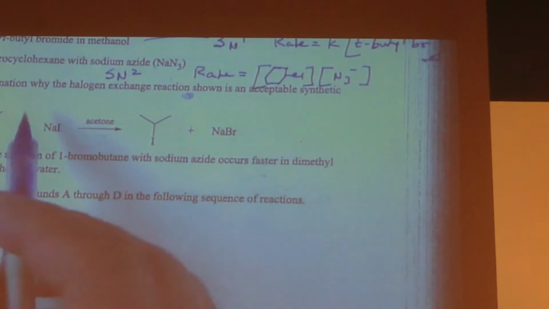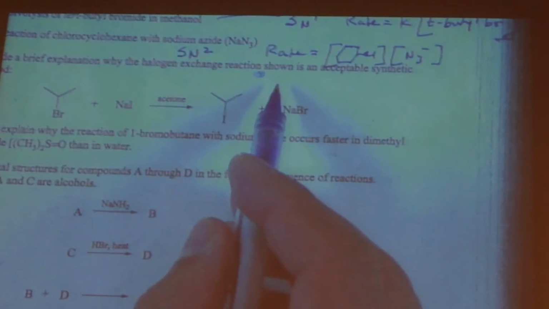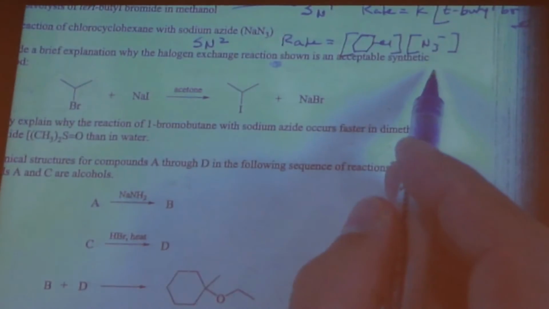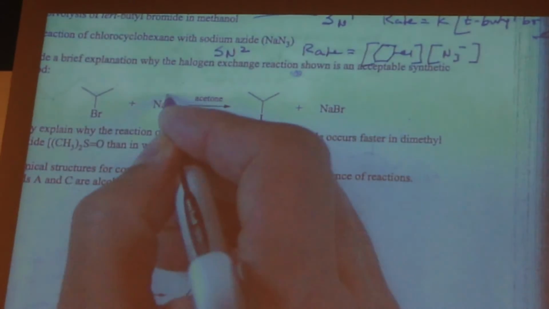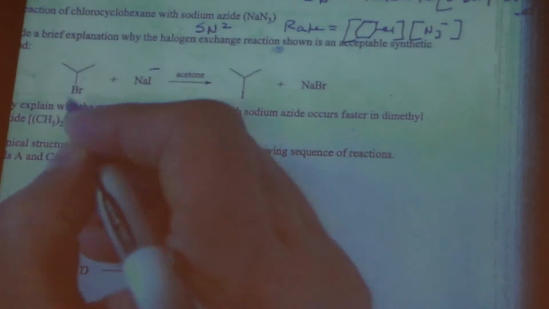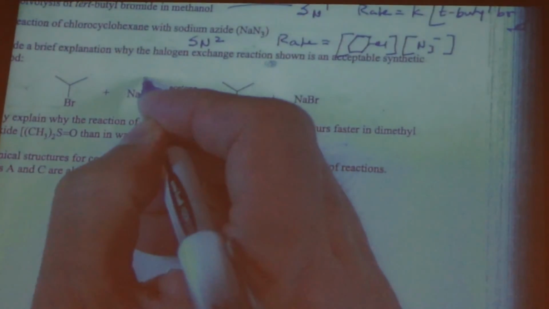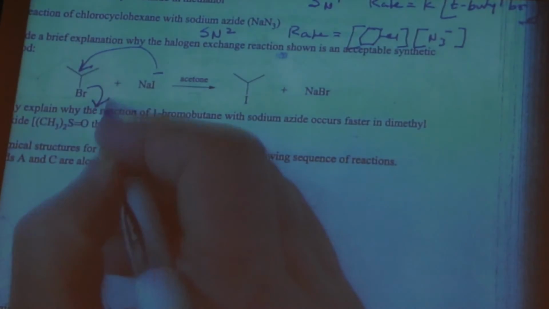Provide a brief explanation of why the halogen exchange reaction shown is an acceptable synthesis. Okay. I minus is a better nucleophile than Br minus, and it's a reasonable leaving group. So this is going to attack and displace the Br in an SN2 process.